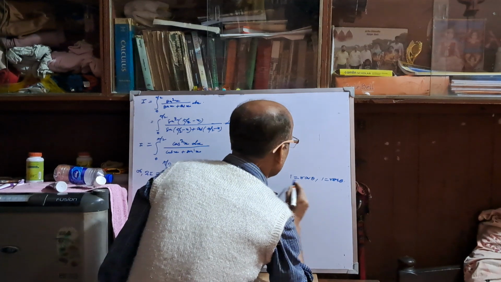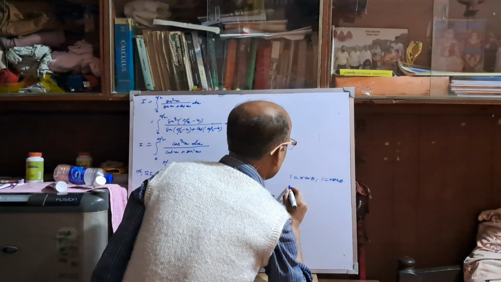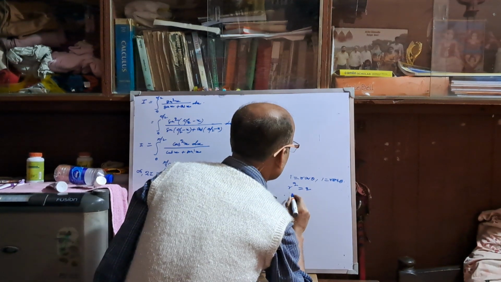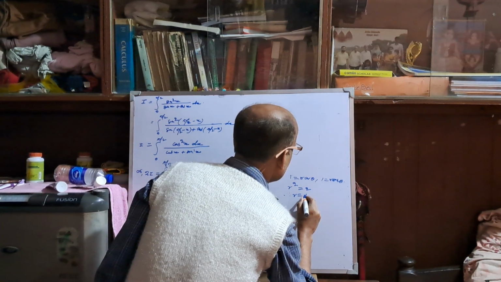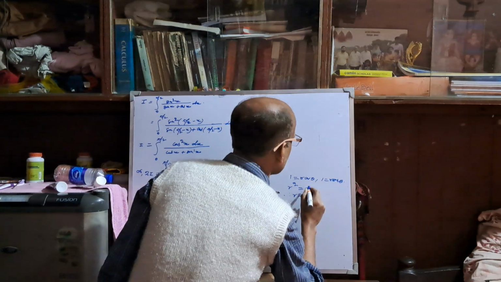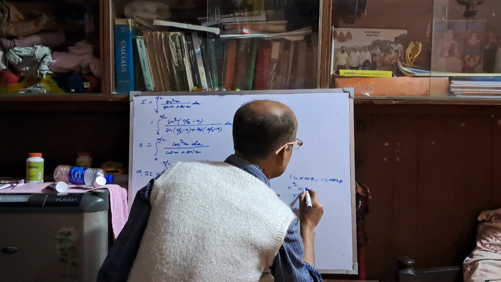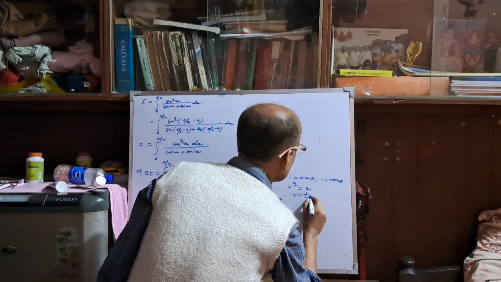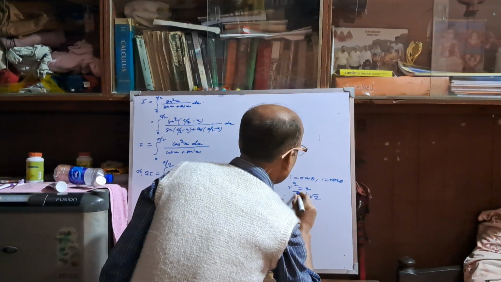So squaring and adding, we have r square is equal to 2, so r is equal to plus minus root 2, clear?